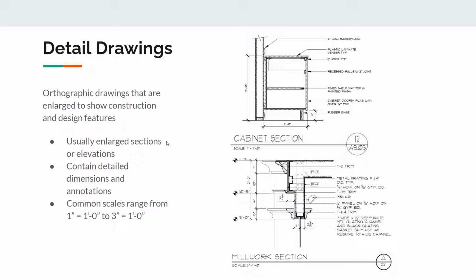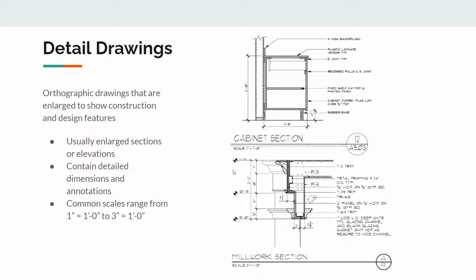Okay. And then lastly, the main type of drawing we're going to be worrying about is detail drawings. So detail drawings are basically really zoomed in representations of how objects or smaller things within the space are put together. All right, so for us, some common details we might have to consider are cabinetry sections or even something with millwork.